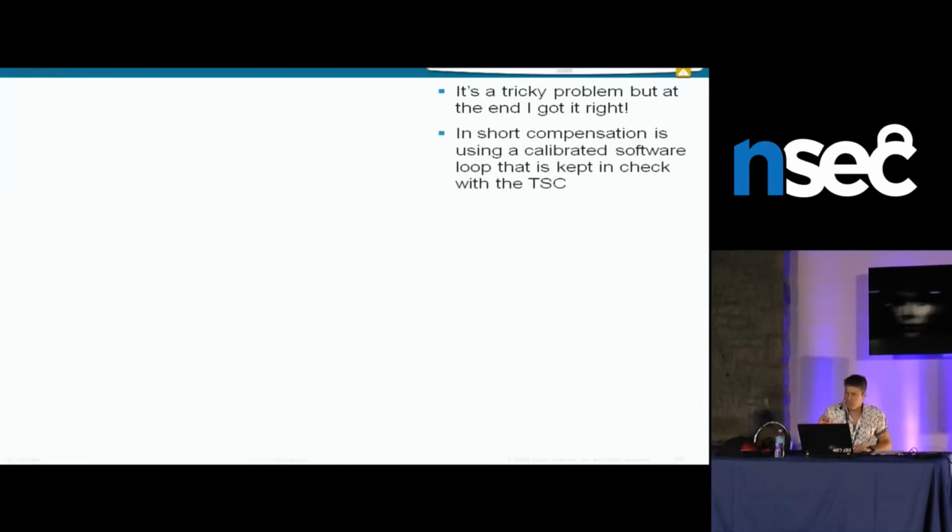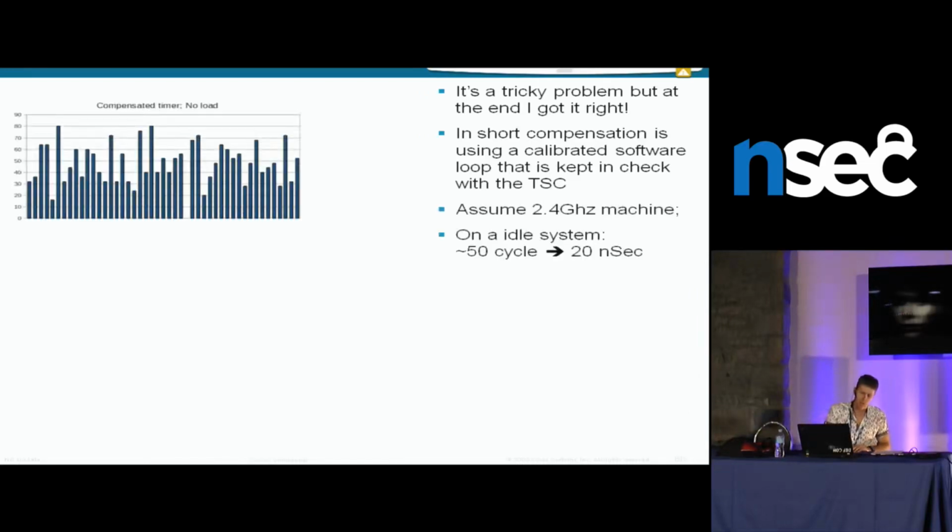So in short, the compensation algorithm uses a calibrated software loop that is kept in check at every single point in time with the TSC. This is the result I got. That's my 2.4 gig machine. On an idle system, the jitter on my timers is in the order of 50 cycles.